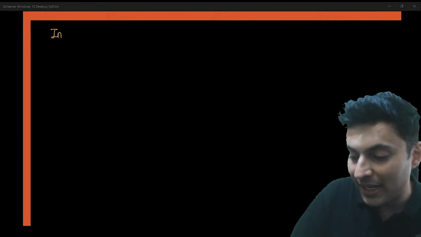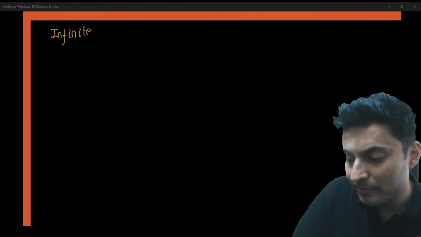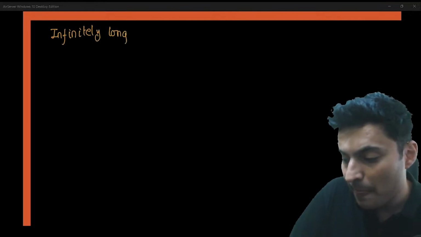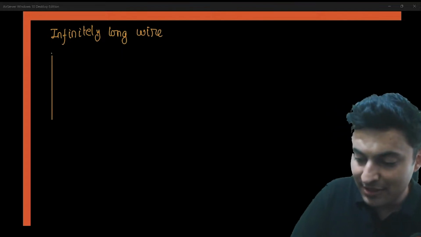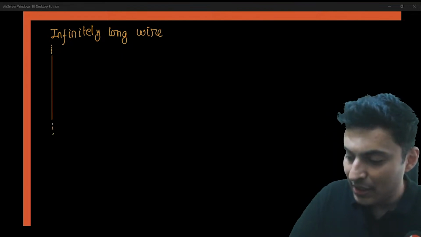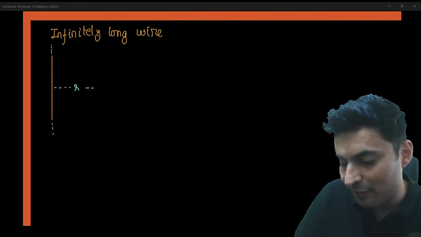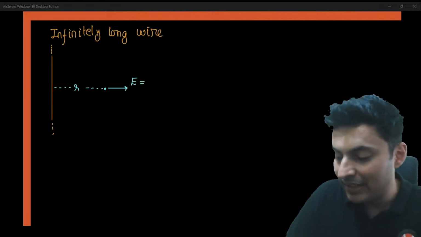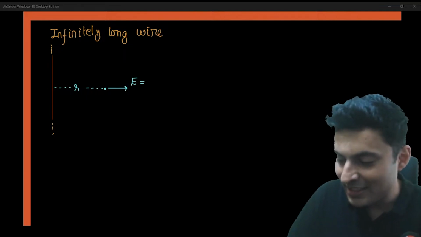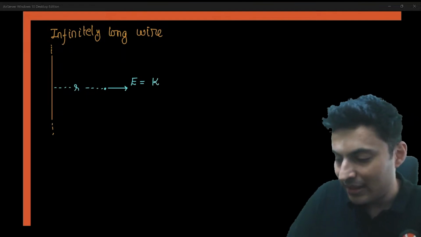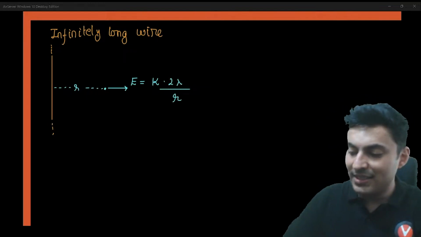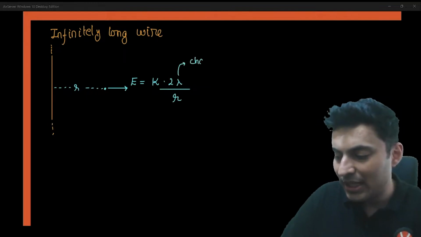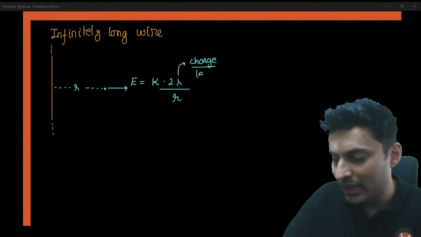If you are at some distance away from it and you measure the electric field, the field formula is given by K times 2 lambda divided by R. What is this lambda? This is nothing but the charge per unit length.